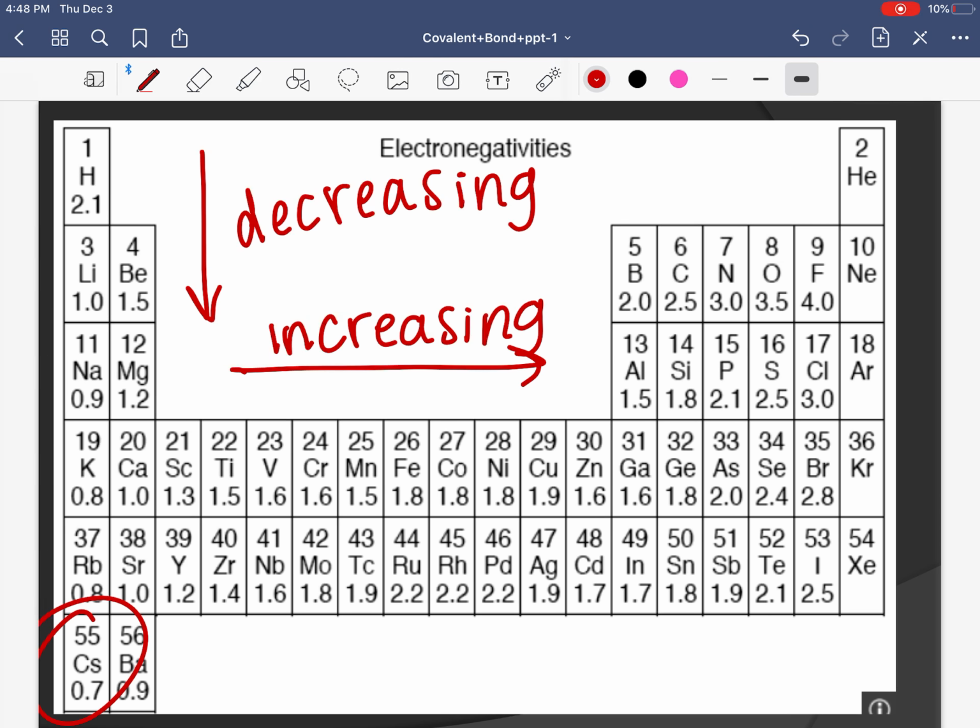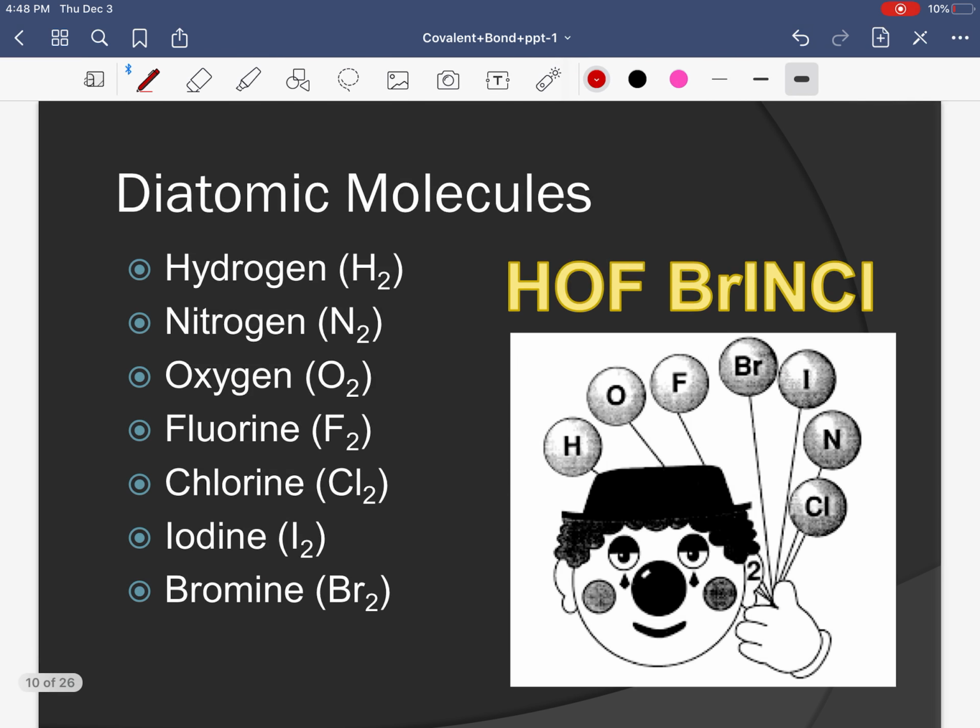So cesium is going to be the element that has the least electronegativity, 0.7, because it's furthest down and bottom left. And then fluorine is going to have the highest because it's the highest, top right. Helium, neon, argon, krypton, xenon, the noble gases, are not going to be reactive and have no electronegativity because they're happy. They don't need anybody else's electrons.